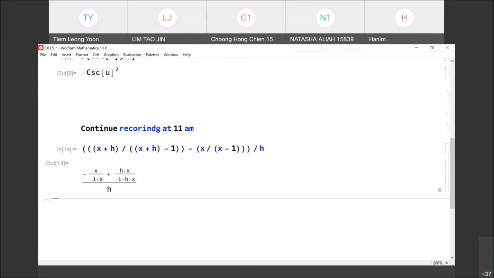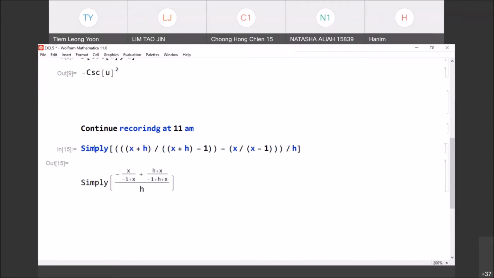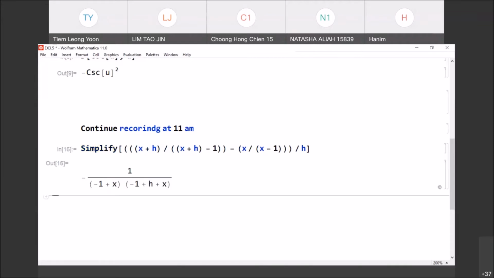Let me see if I can simplify this using Mathematica, which allows me to get the answer. Simplify. Yeah, so that is my expression. I have simplified this to be just 1 over minus 1 plus x, and then minus 1 plus h plus x.